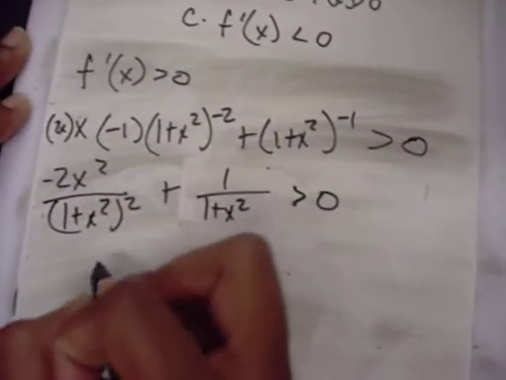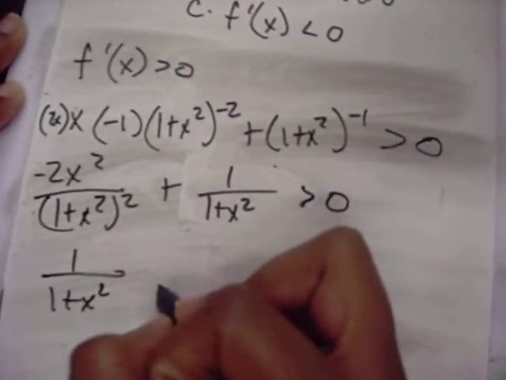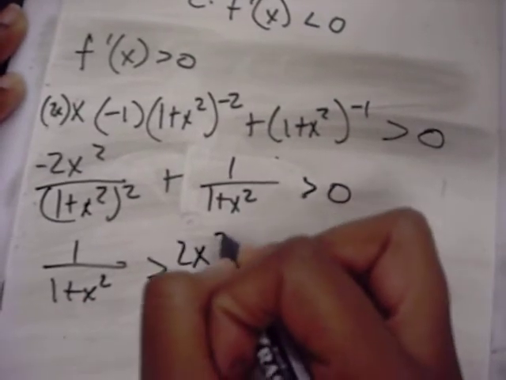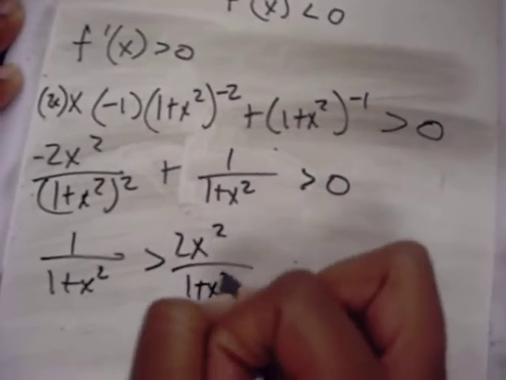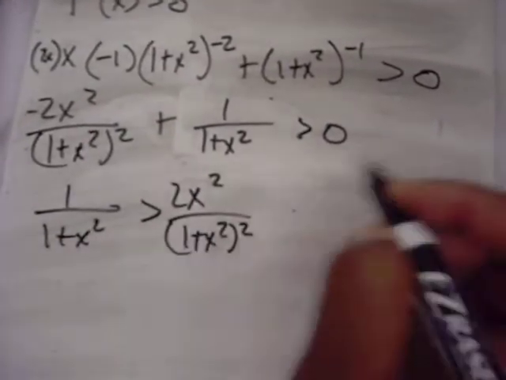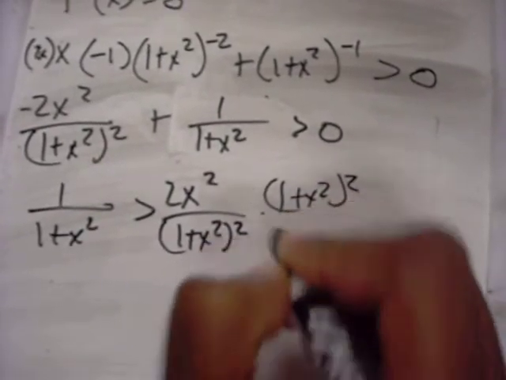You can move this to the other side, and you're left with 1 over 1 plus x squared is greater than 2x squared over 1 plus x squared squared. And with this one, you can multiply both sides by 1 plus x squared squared.